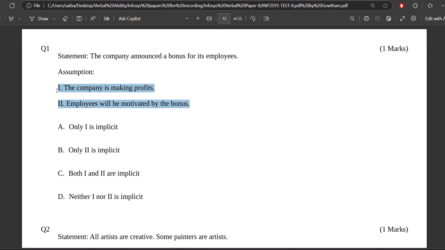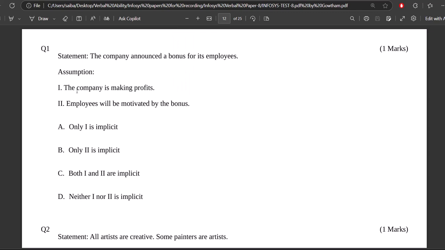So the given two assumptions may or may not be true, but realistically there is no information given in the statement for the two assumptions. Nowhere is it mentioned in the statement whether the company is making profits or not.